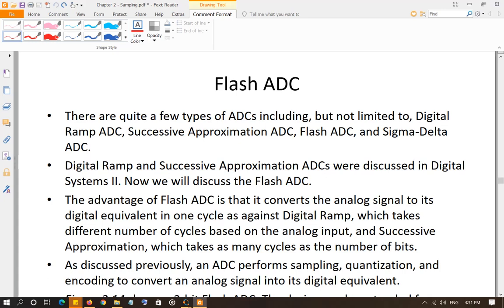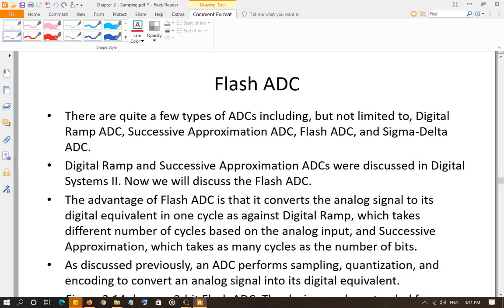And the quantized value is basically an analog value that does not have infinite precision. It has precise value. Its precision is based on how many bits you are using for ADC.